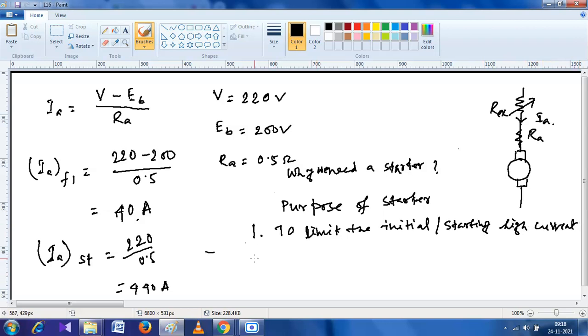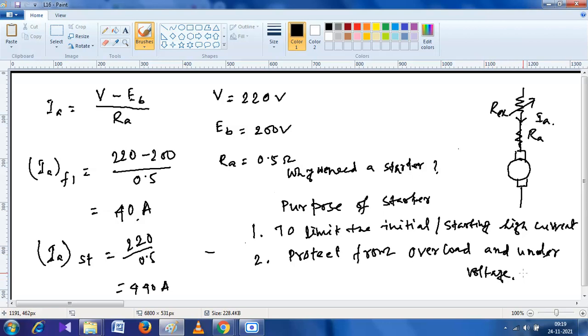Number two, protect from overload and under voltage.